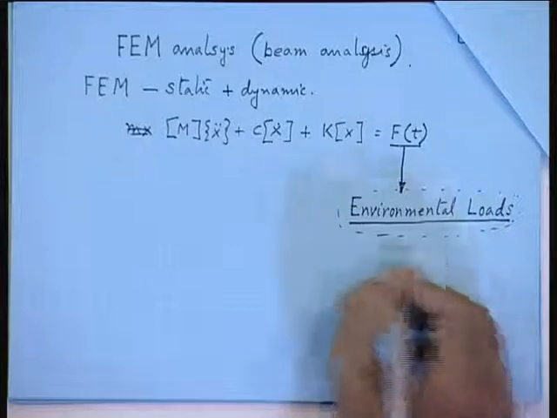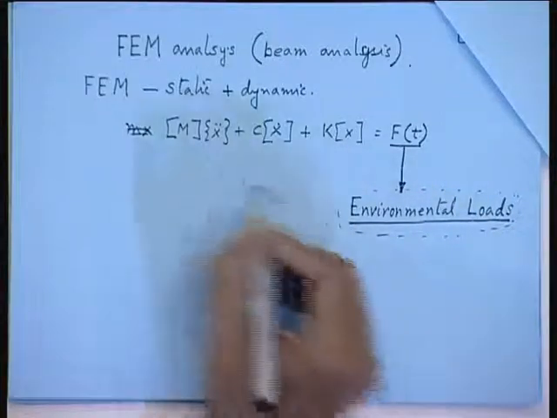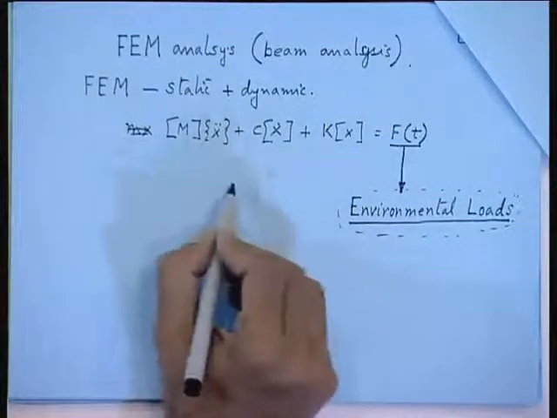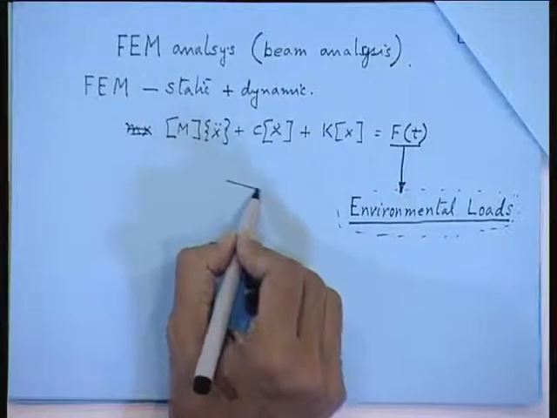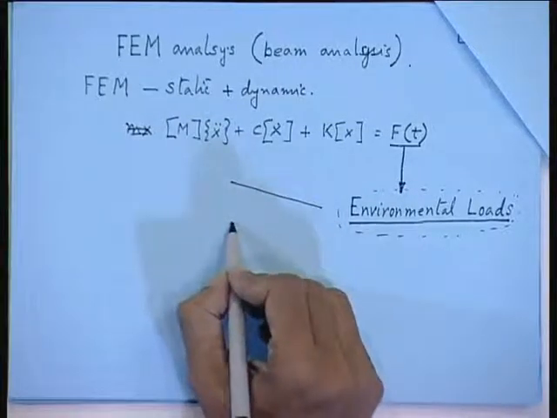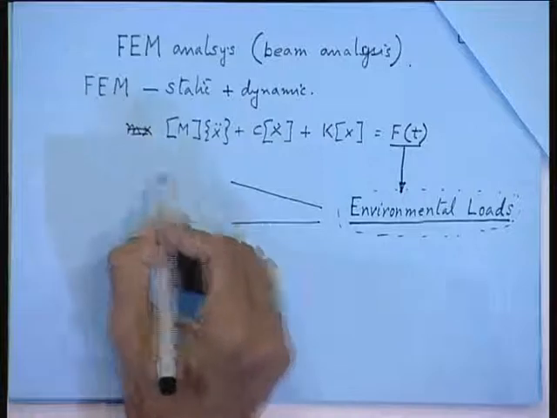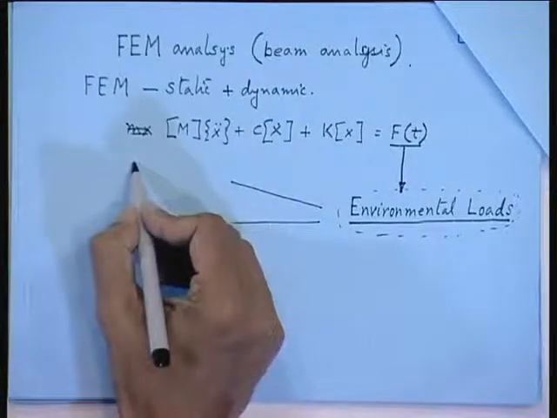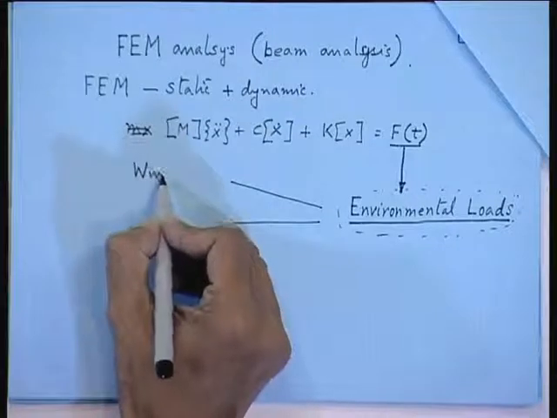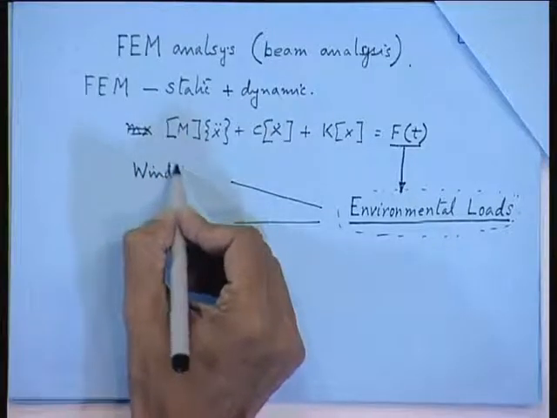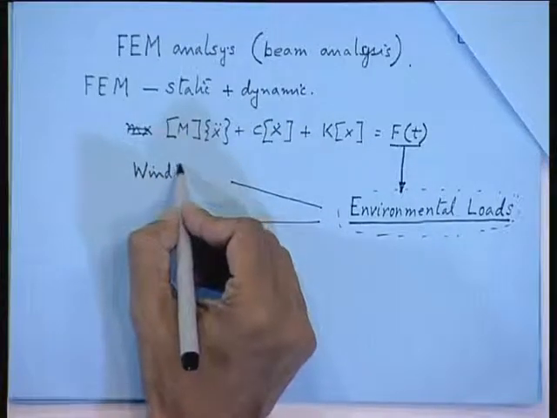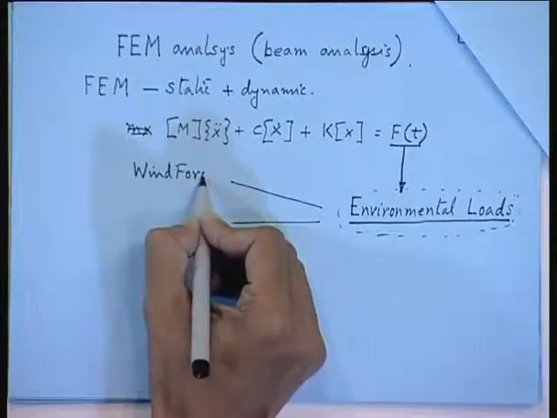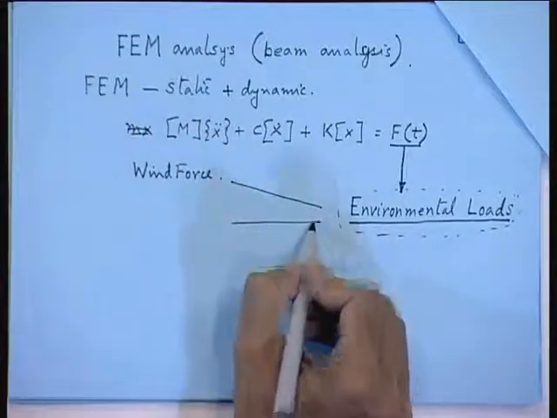Now, environmental loads you will find. There are a number of environmental loads. I do not know whether you will come across them in your hydrodynamics class. The first one is above the ship, your wind force. Now, ships are normally floating in water.